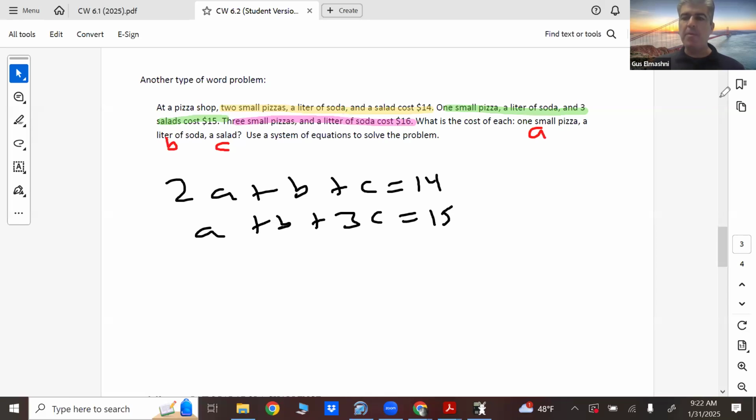This is the part where we will make mistakes, so we have to be careful. So 3A plus what? What am I going to put for C, guys? 0. 0C, right? Plus 16.